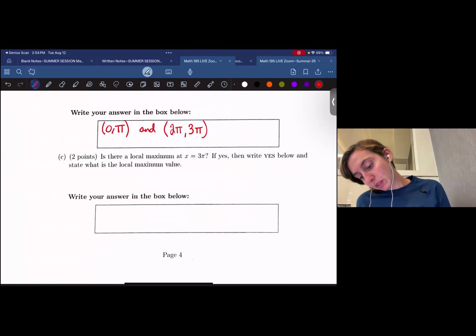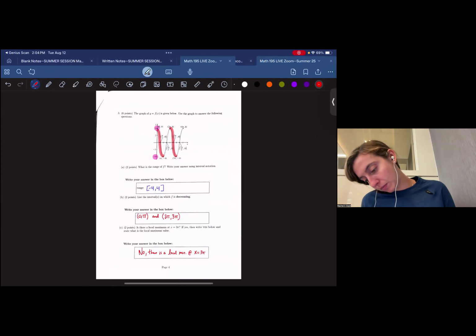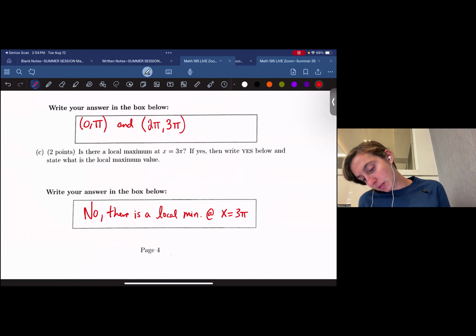So no, there is a local min at x equals 3 pi. And the local min is -4.